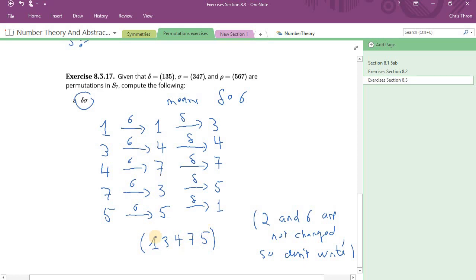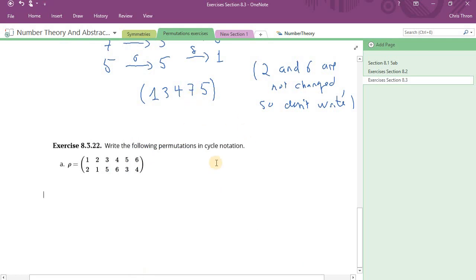You just get this cycle that doesn't involve 2 and 6. So you can do all of them that way. Just go through and see where each one goes. Do it in a cyclic way. If 1 goes to 3, then compute where 3 goes to, and so on. Okay, next we convert tableau form to cycle notation.